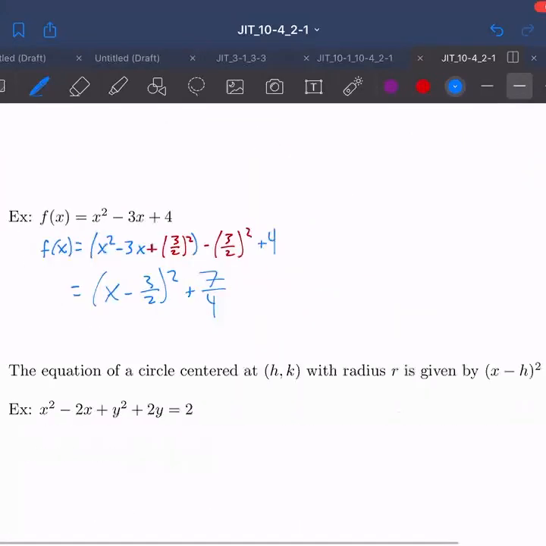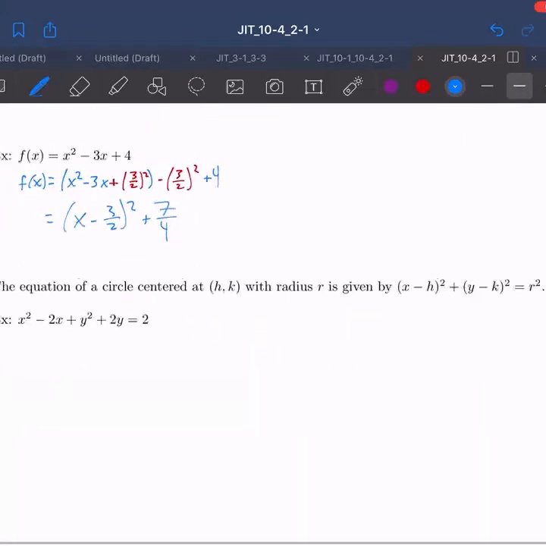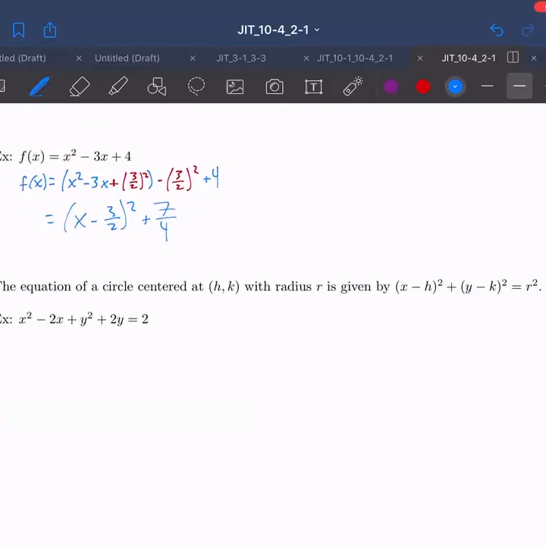Now, sometimes when you're given completing the square problems, it'll be really asking you about a circle. So the equation of a circle centered at (h, k) with radius r is given by this formula.